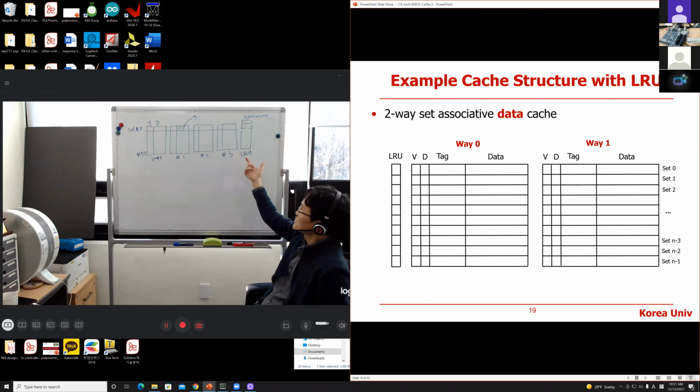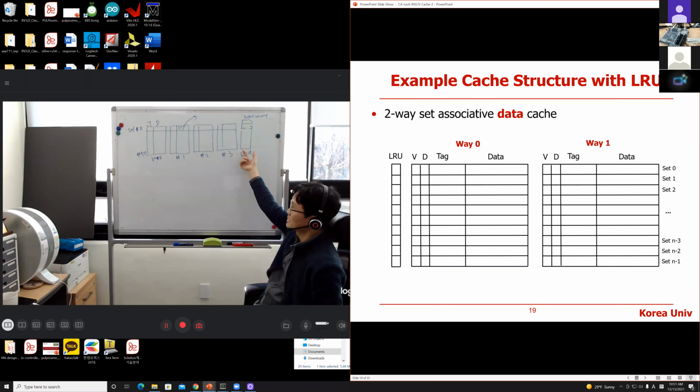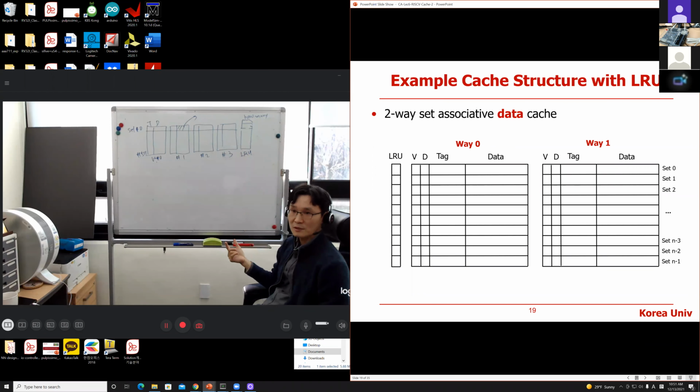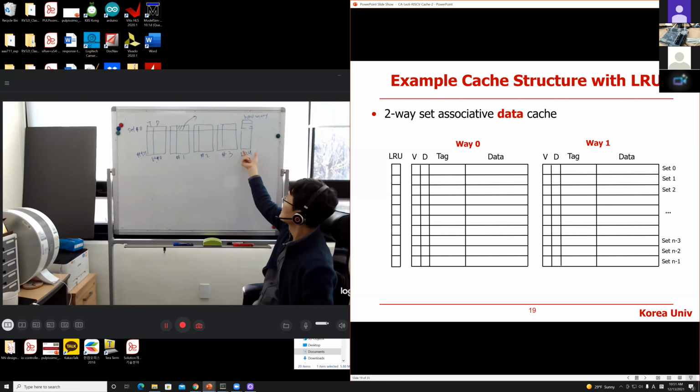We want to reduce the number of bits because that is directly related to hardware cost, the price, right? Yes, you can use 8 bits to implement LRU, but that will be expensive. So we want to reduce to the minimum number of bits to implement LRU.